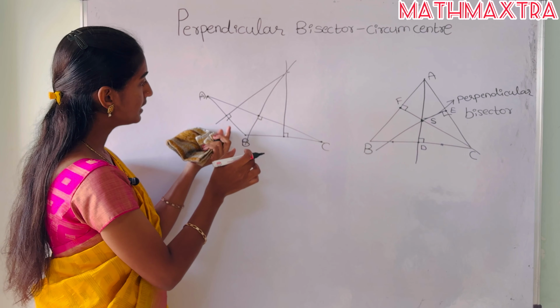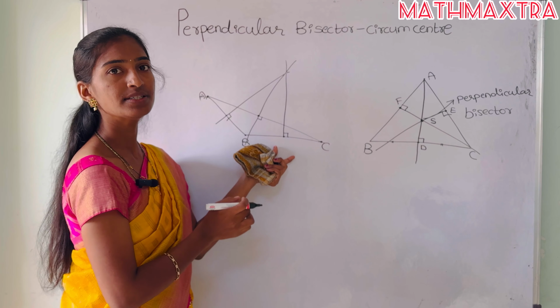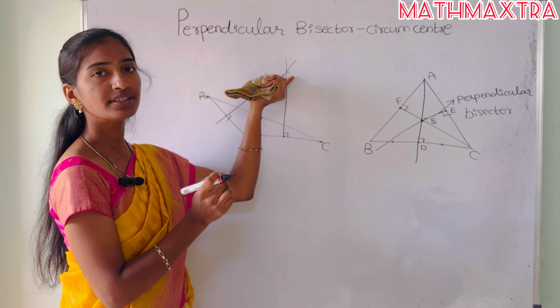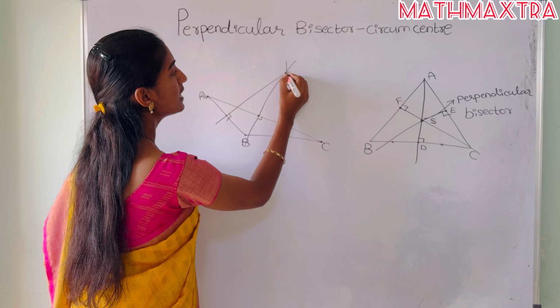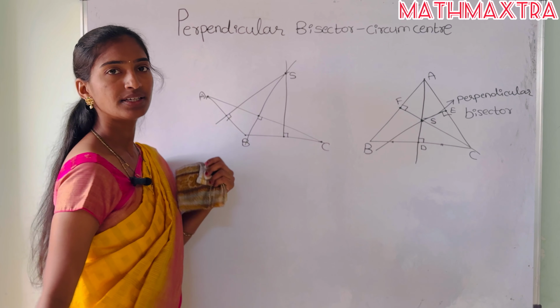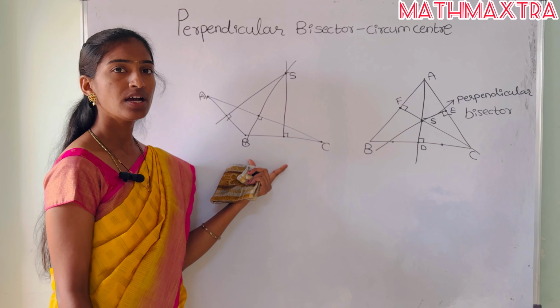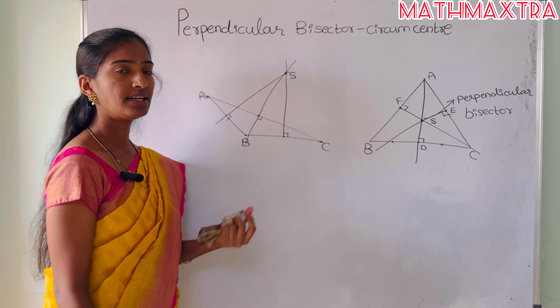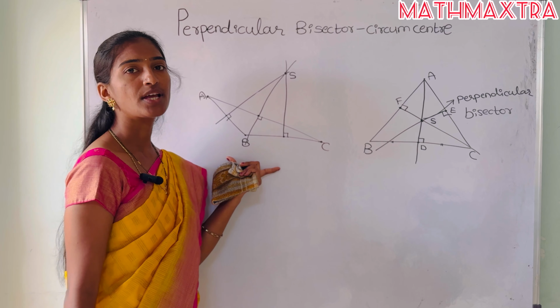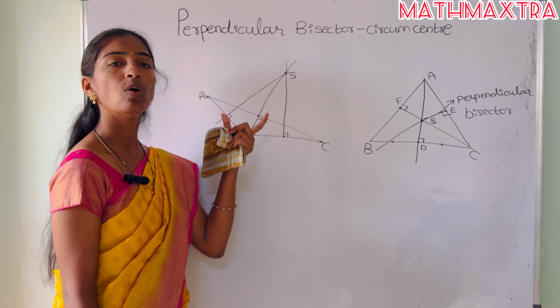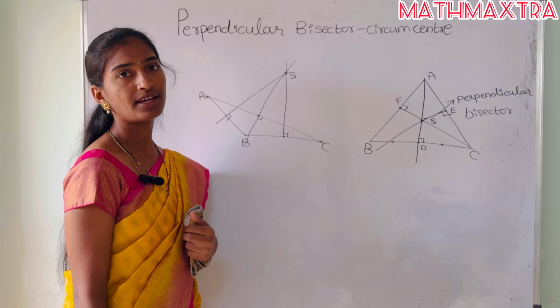What happens? These three perpendicular bisectors are concurrent outside the triangle. So this is the circumcenter, which lies outside the triangle. That is why, when you consider an obtuse angle triangle, the circumcenter always lies outside the triangle.